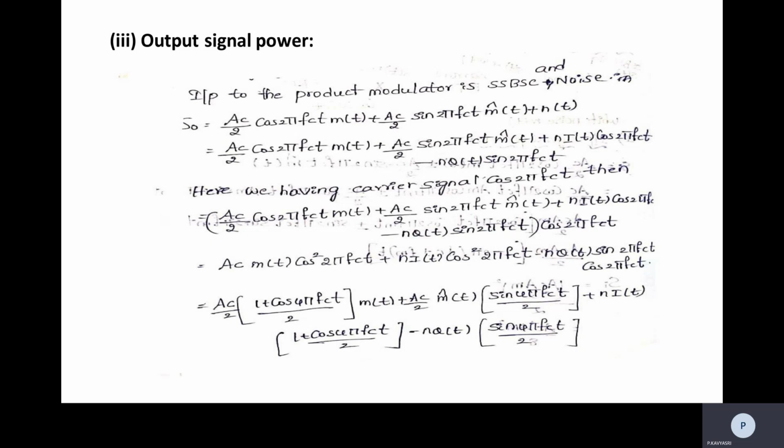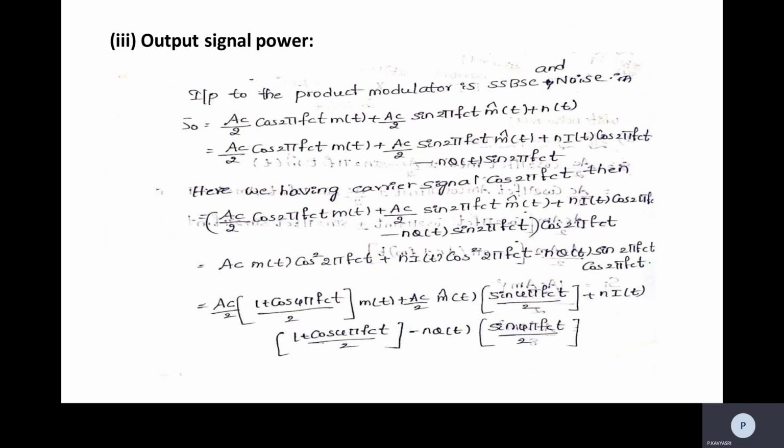So we can write it as Ac by 2 into (1 plus cos 4 pi fct) into m of t plus Ac by 2 m cap of t into sin 4 pi fct, plus ni of t into (1 plus cos 4 pi fct) by 2 minus nq of t into sin 4 pi fct by 2.